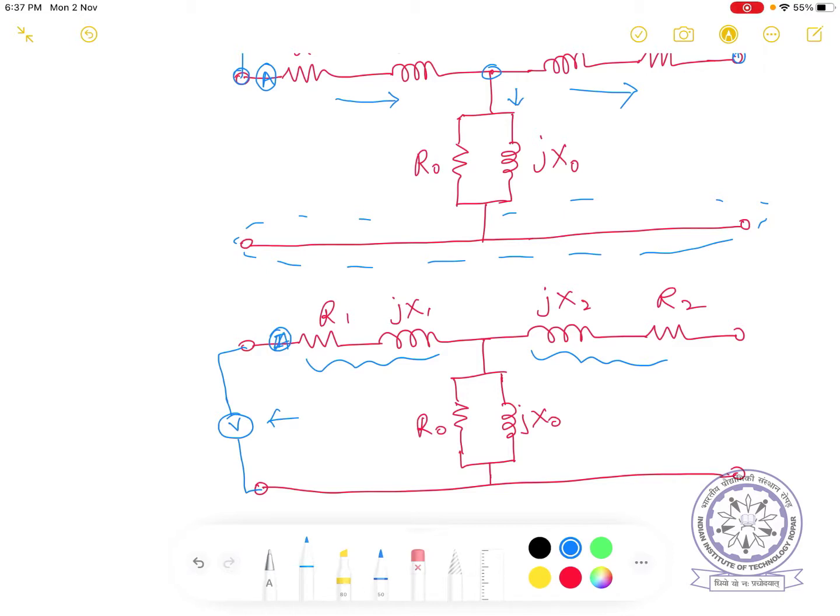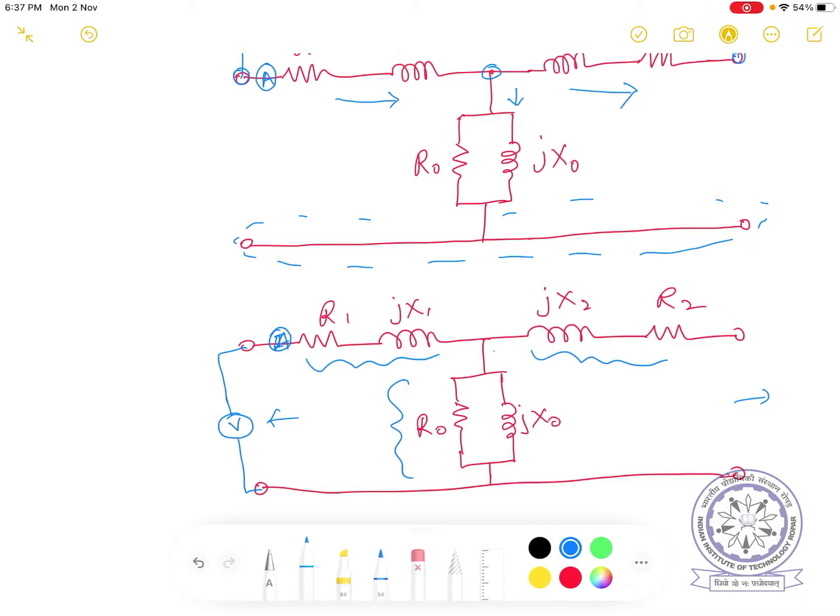We will get the current, and since this is open, more or less no load current will flow because a huge impedance is coming into the picture.